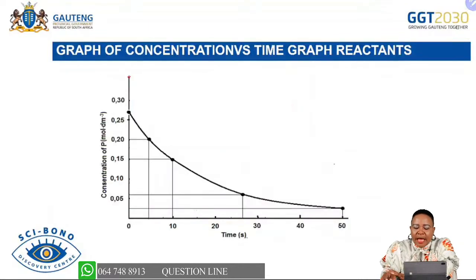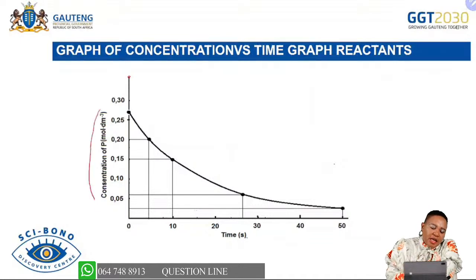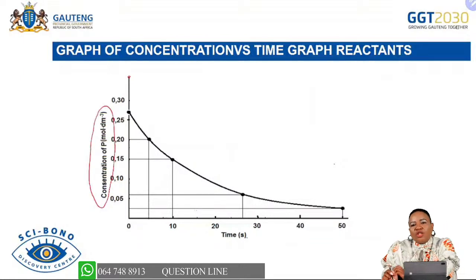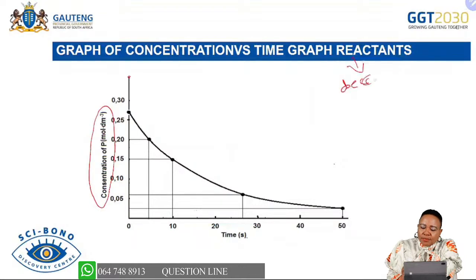Now, as we said, when we look at the reaction rate, we define reaction rate as the change in the concentration of reactants and products per unit time. And we agree that the reactants' concentration, we expect it to decrease.